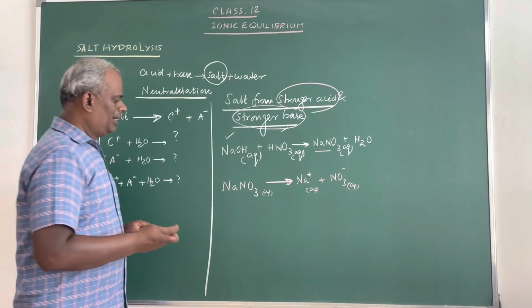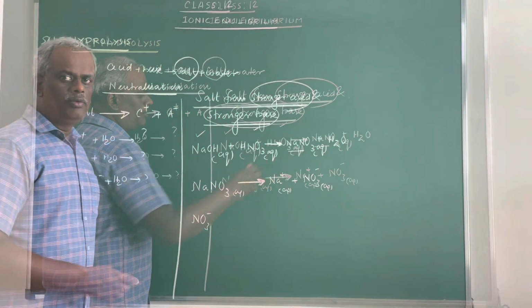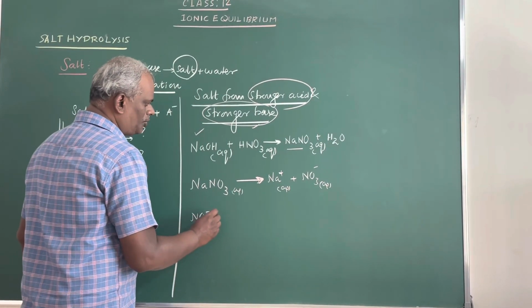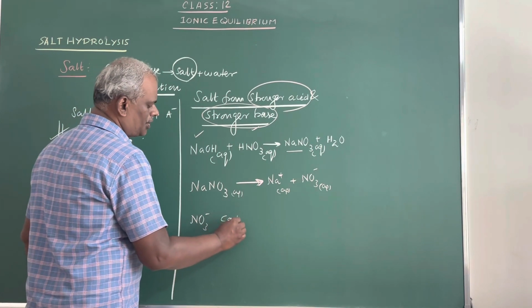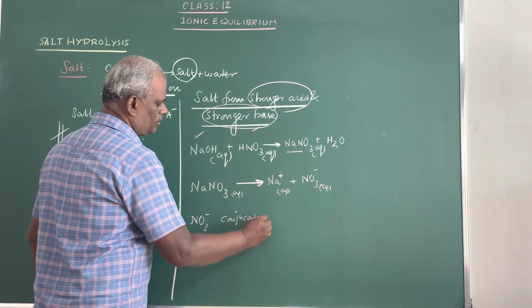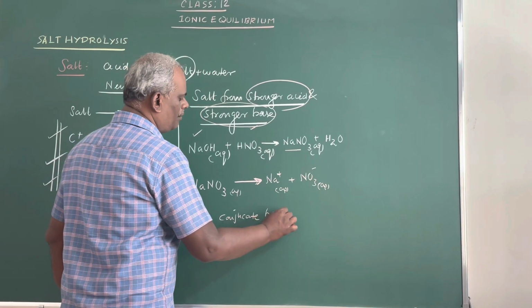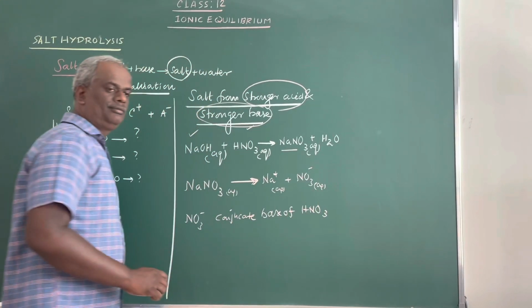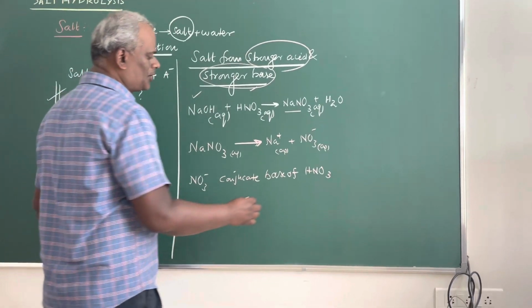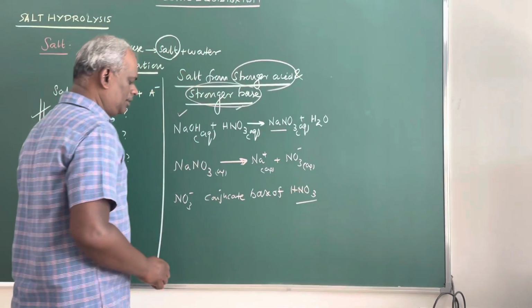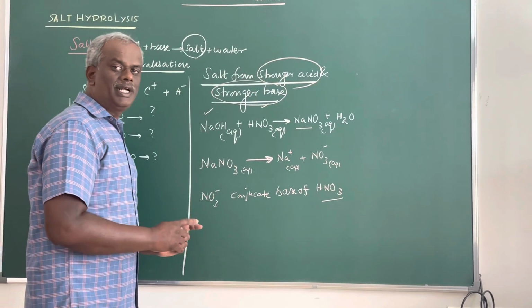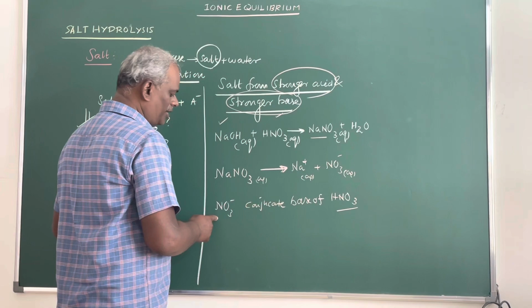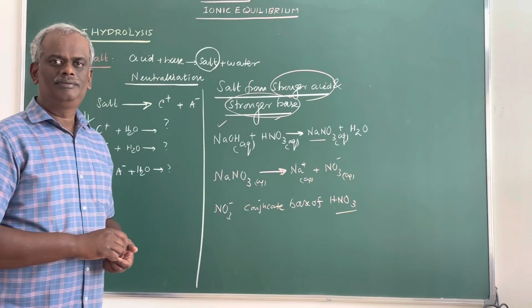Now, NO3- obtained here is actually the conjugate base of HNO3. HNO3 is a stronger acid, we know that. You know the difference between the conjugate acid and base. HNO3, its conjugate base is NO3-.